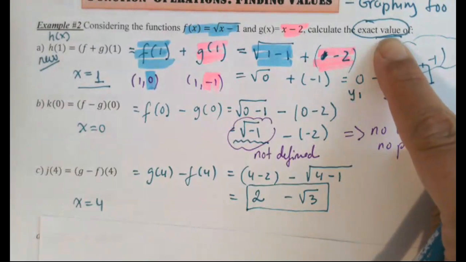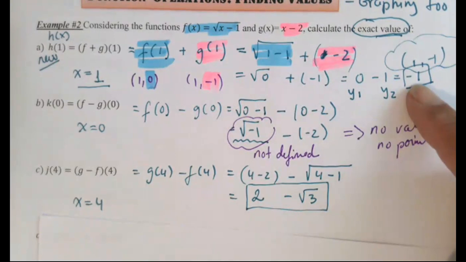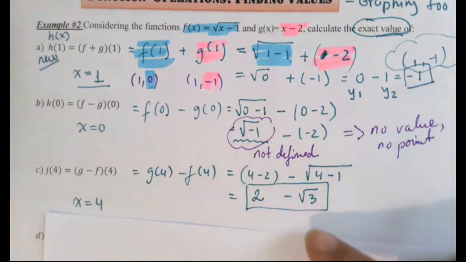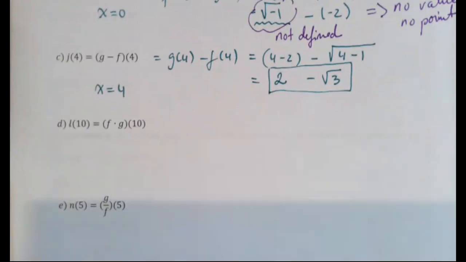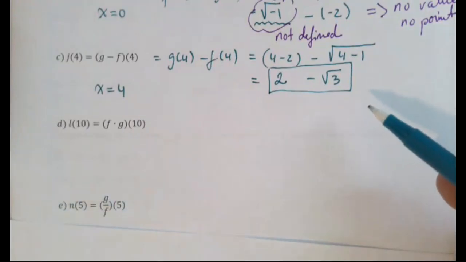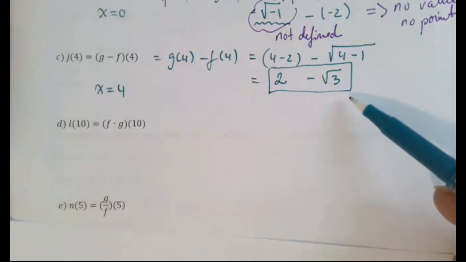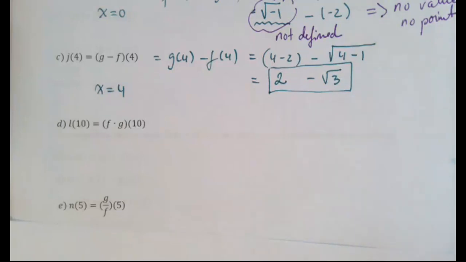You may think it's something special. It's nothing special. It just wants an actual number value. If you end up with a fraction, you leave it as a fraction. If you end up with a root, you leave it as a root. Now, for graphing purposes, yes, you will have to evaluate it on the side, so you can see what that means. But for questions like these, no.